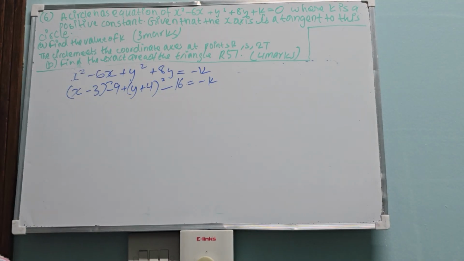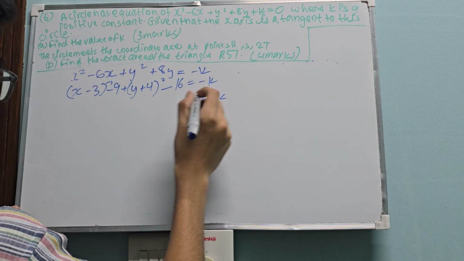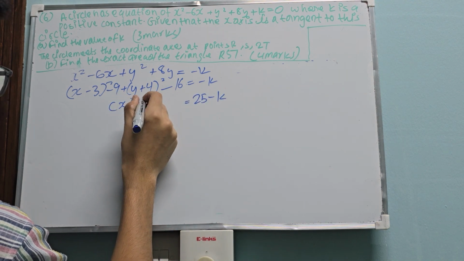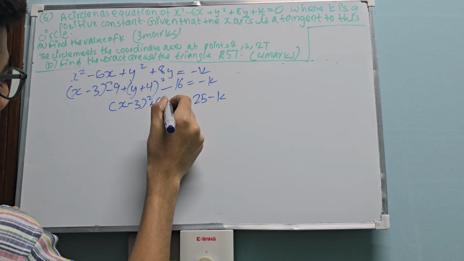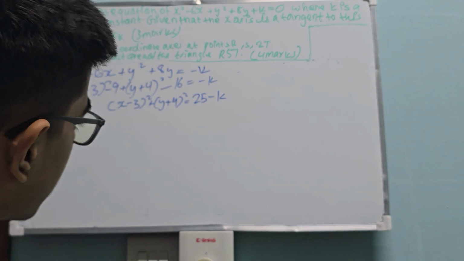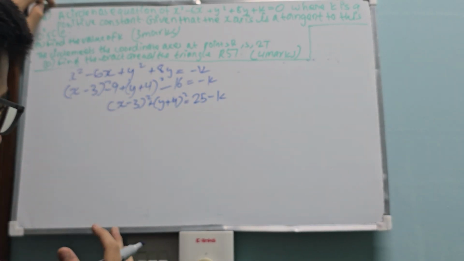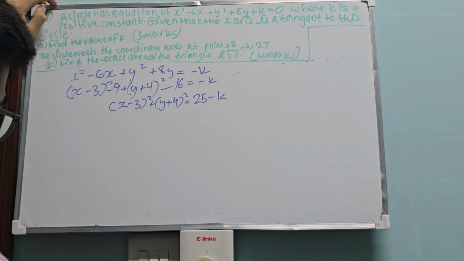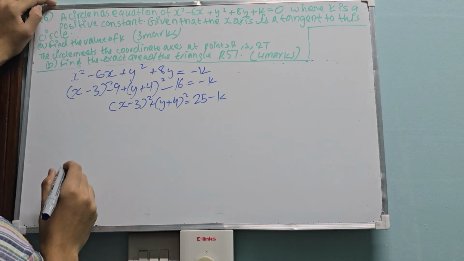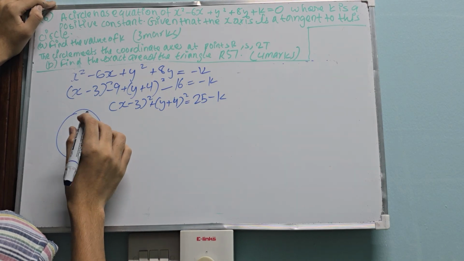Alright, so minus 16 and minus 9 is minus 25, so I take it there, and we have x minus 3 squared plus y plus 4 squared is equal to 25 minus k. That's important information that we got. Now draw a circle.